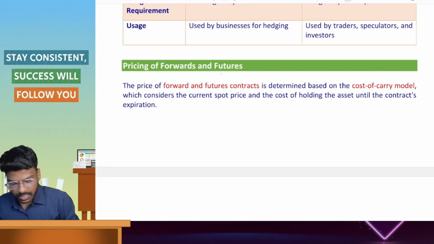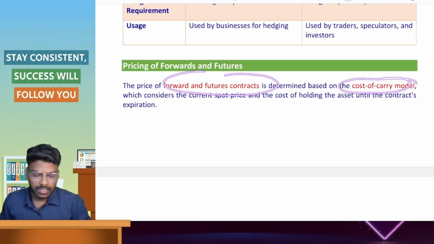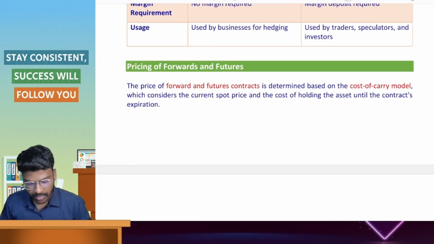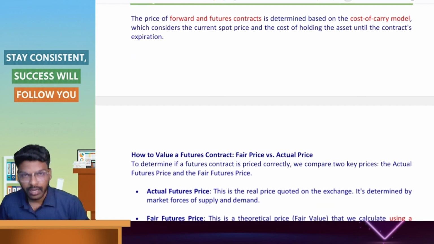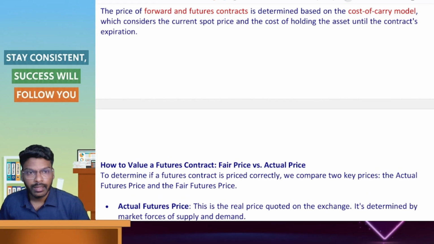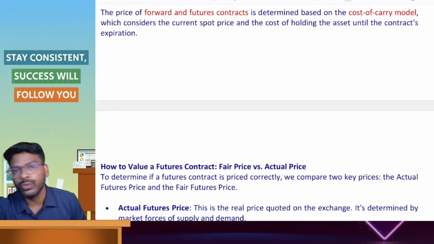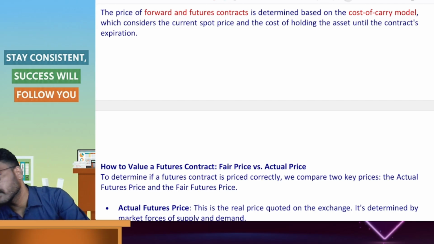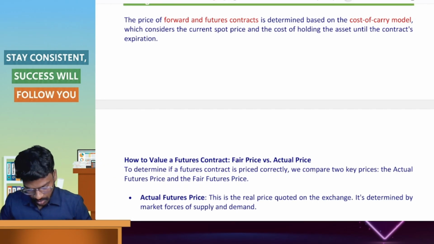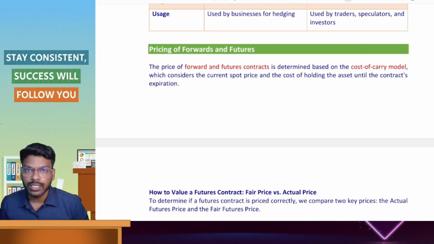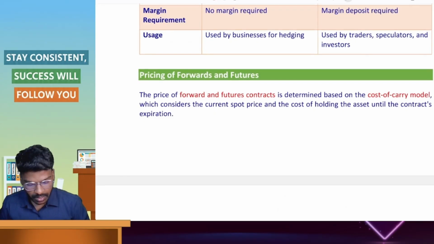The price of forwards and futures is determined based on the cost of carry model. Cost of carry model means there is an interest rate. Cost of carry means if you are holding any asset, then you are required to pay the interest amount in case of shares.